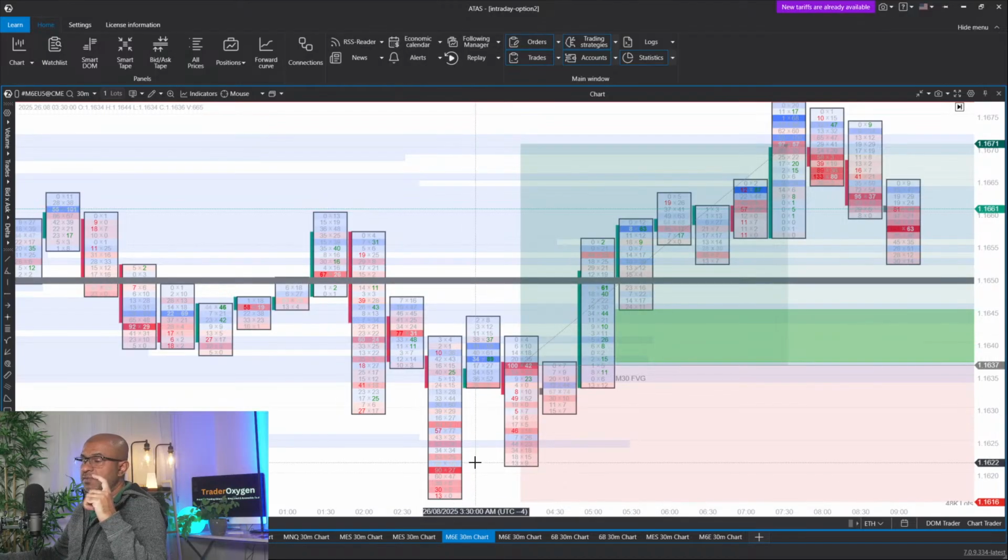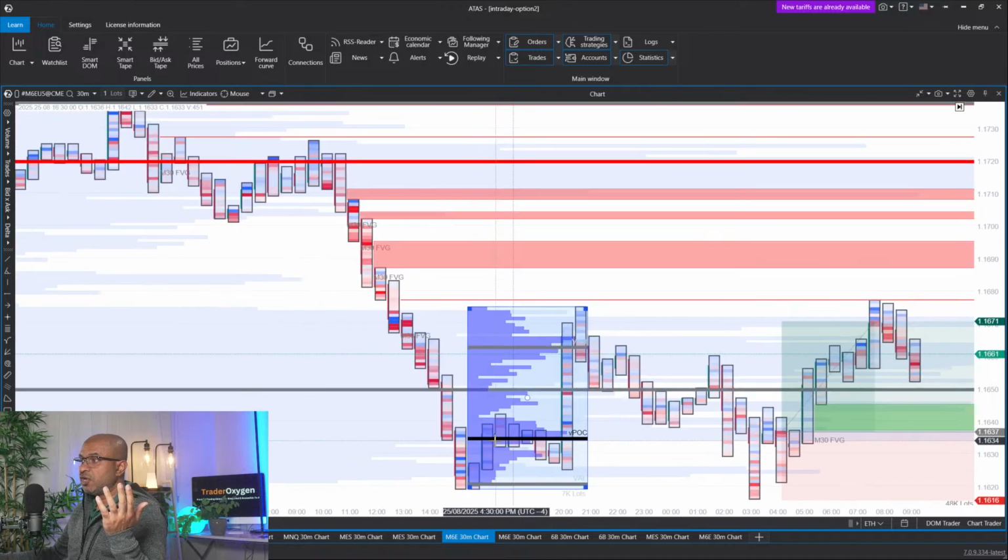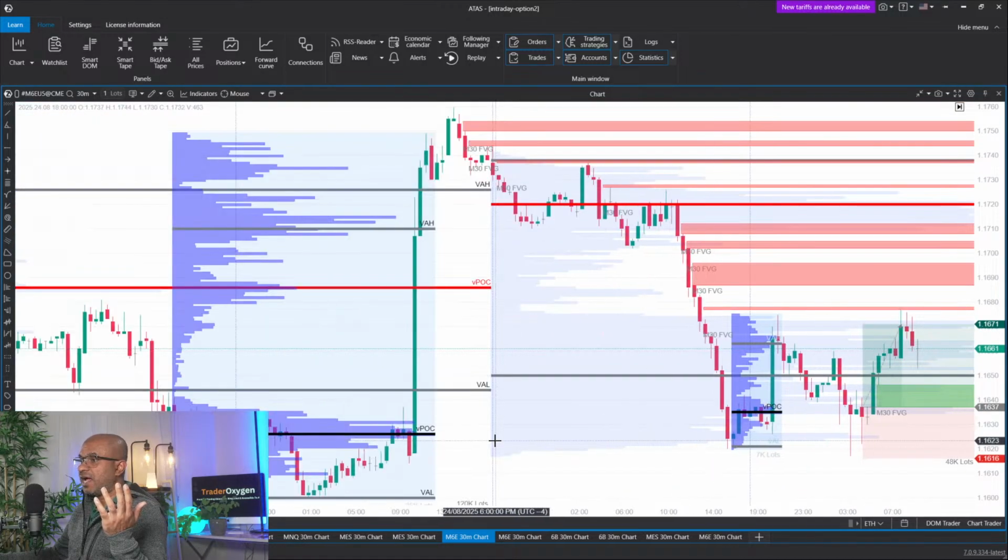That is the beauty of using footprint charts and volume profile analysis, because if you don't use them and just look at basic candles, you can't see this story happening that I'm explaining here. As smart money traders, we look into volume profile and footprint, and we try to understand what the big banks and institutes are doing.